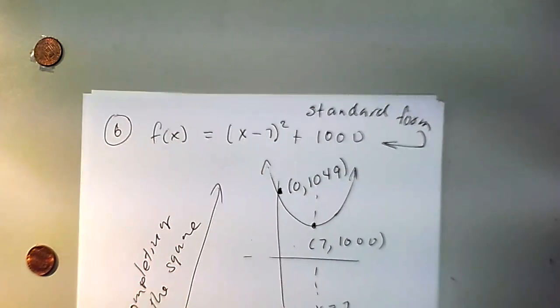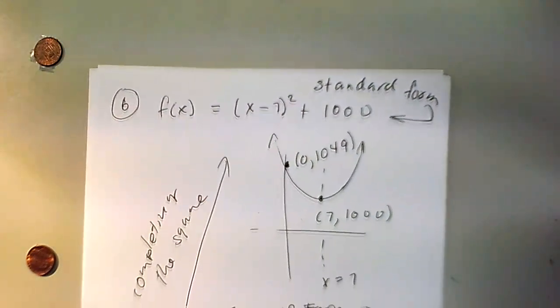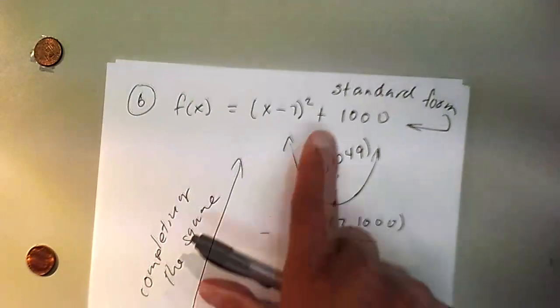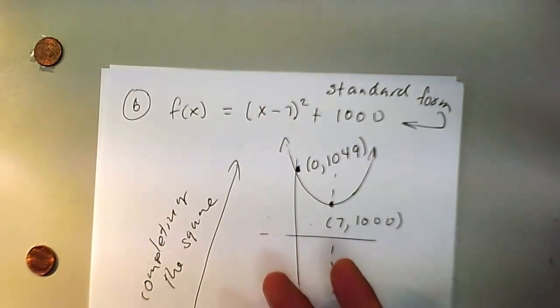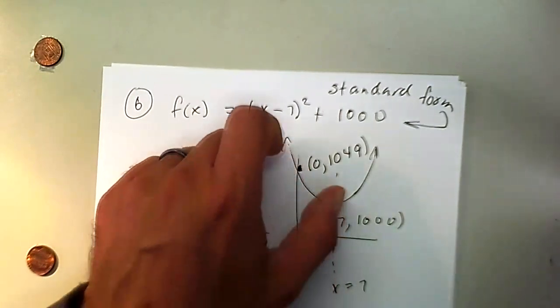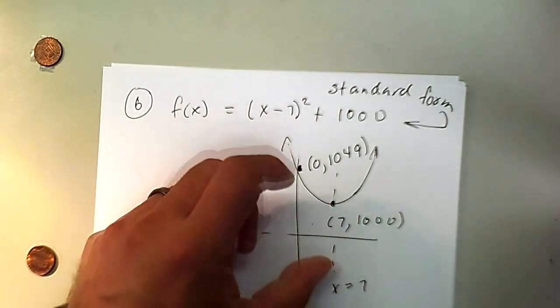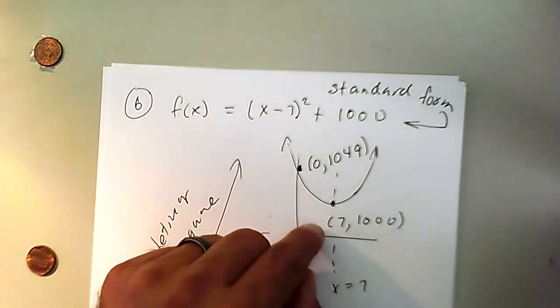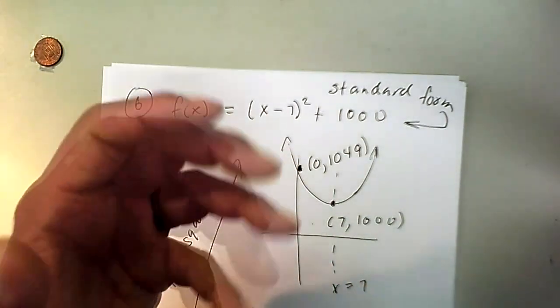Yeah. So let's practice how to go from general to standard. And the reason why we want to do that is because once we have the standard form, it is very quick, it is very easy to obtain the vertex, which is very important.